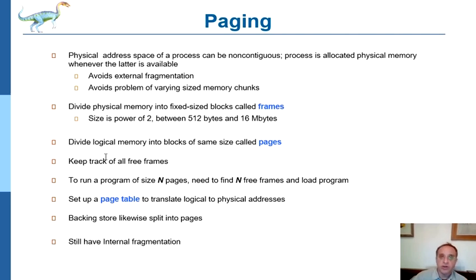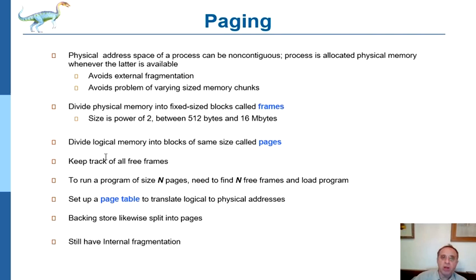So I have something called internal fragmentation. But internal fragmentation will never be more than 1 page per process. And as long as the page size is not too big, the internal fragmentation won't be that great, right? The worst case scenario would be 1 byte in a page. I needed 1 more byte, so I have to allocate it a whole other 0.5 megabyte.